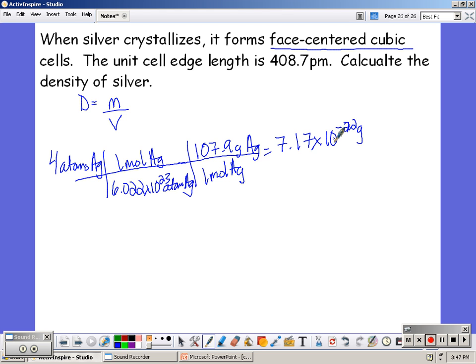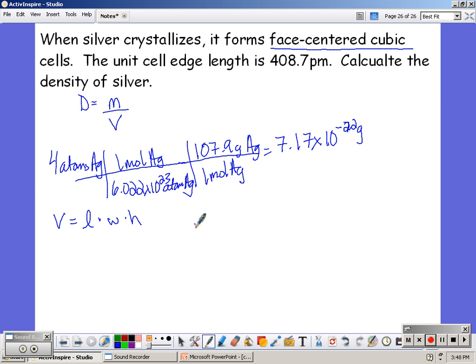I know the volume of a cube is equal to length times width times height. And I know that in a cube, the edges would all be the same. So if I can find the edge, then I could just cube it. Knowing that the edge length is 408.7 picometers, then I could figure out the volume. However, when we do density, we usually don't do it in picometers, we usually do it in centimeters, so I need to convert.